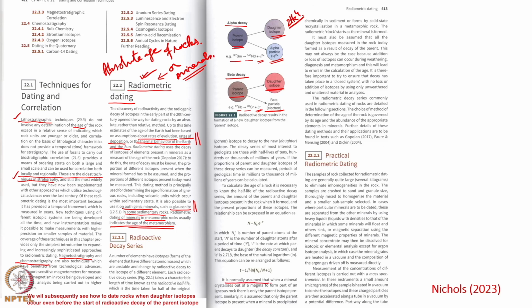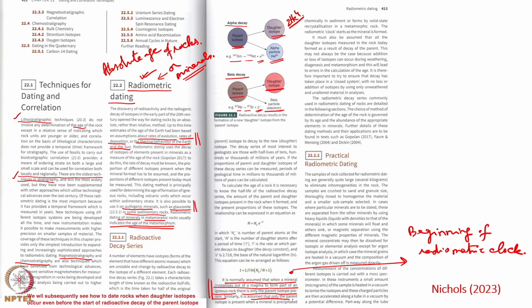We normally assume that when a mineral crystallizes out of a magma to form part of an igneous rock, there is only the parent isotope present. This is an important assumption. We do not consider that the daughter isotopes are present at that point. In other words, that is the beginning of the radiometric clock.